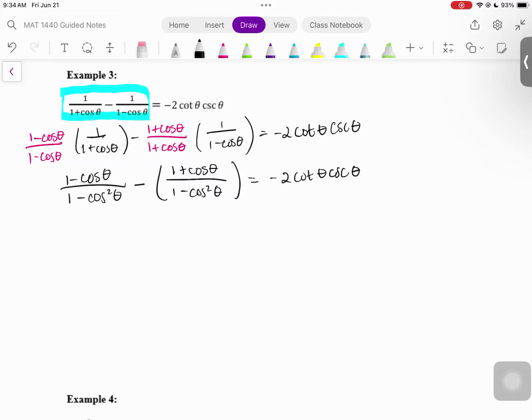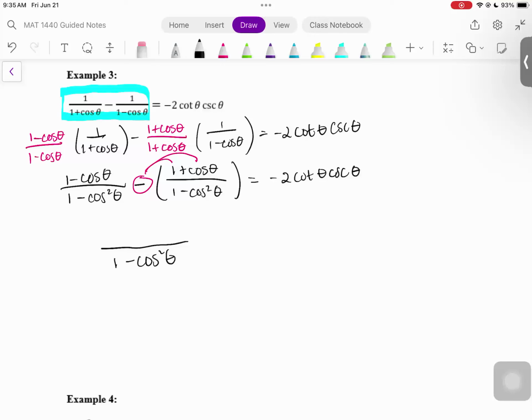On the left-hand side, now what I'm going to do is distribute that minus sign to that second numerator, and I'm going to start putting them together as one fraction since they both have the denominator of 1 minus cosine squared theta. So I'm just going to write that denominator first, 1 minus cosine squared theta. And in the numerator, we have 1, and we're going to subtract 1, so that's going to go away.